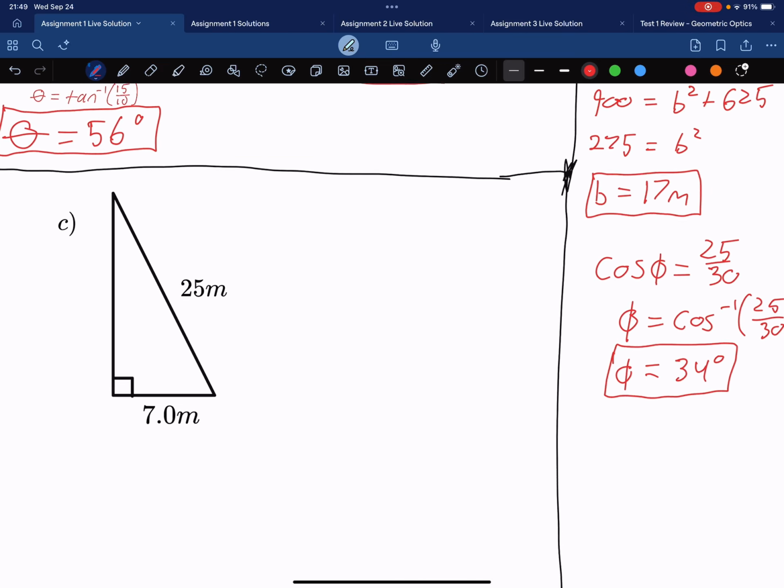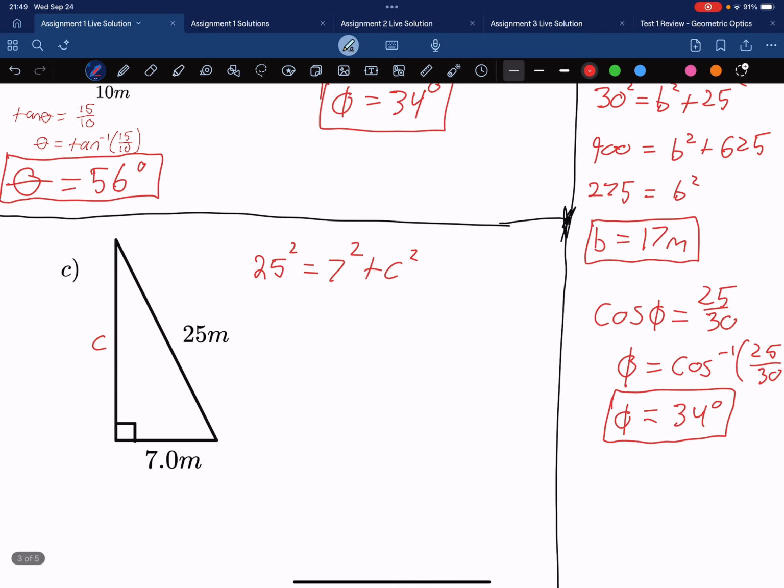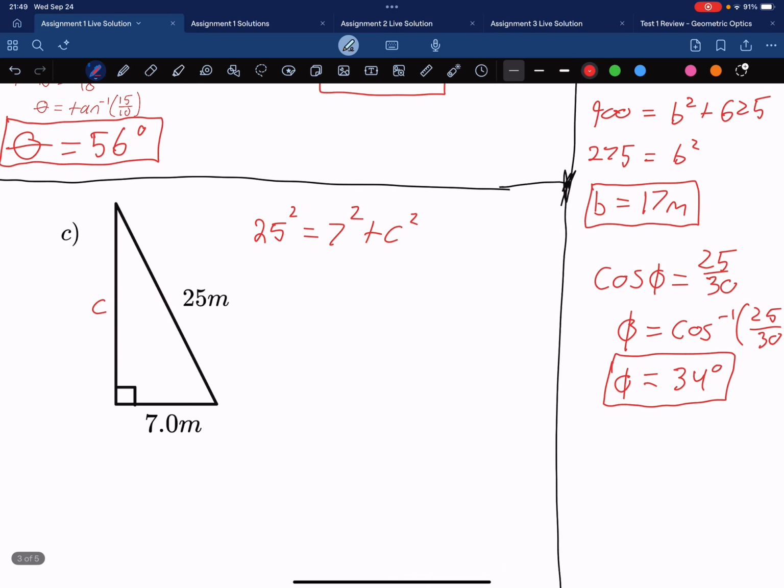5C, last one here. I will do another Pythagorean theorem quick. So our hypotenuse is 25 equals 7 squared plus, and I'm going to call this side C, because we're just on part C. So that is 625 equals 49 plus C squared.